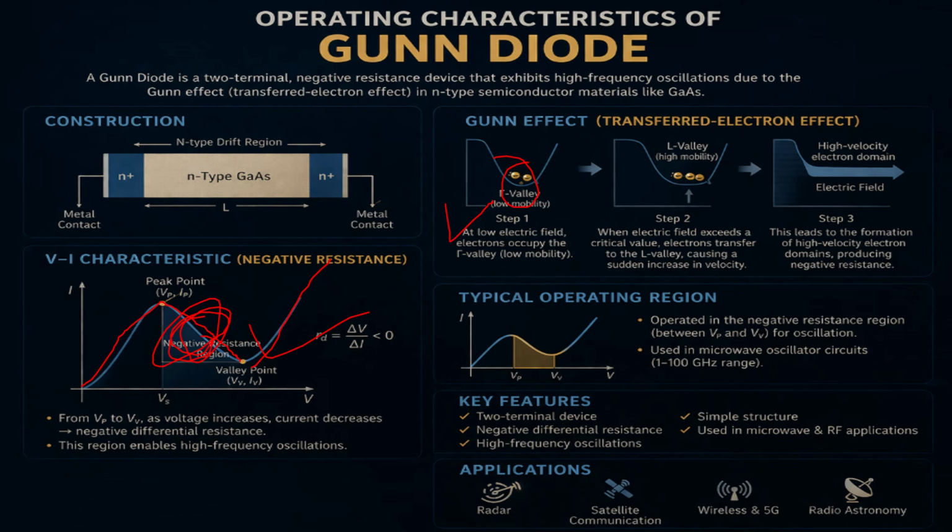That is why it is called the Gunn diode. When the electric field exceeds the critical value, electrons transfer to the upper valley, causing a sudden change in velocity. This leads to the formation of high velocity electron domains, producing negative resistance.